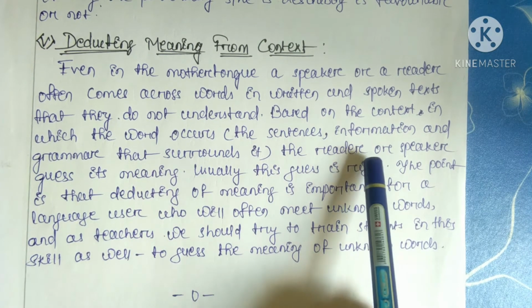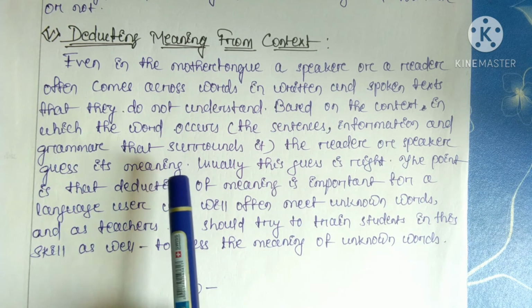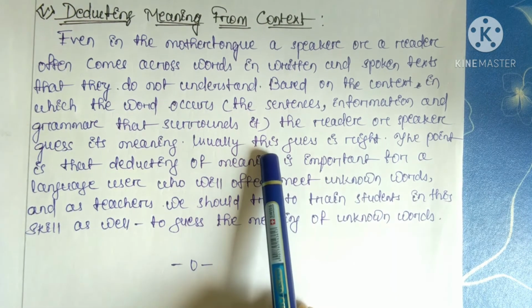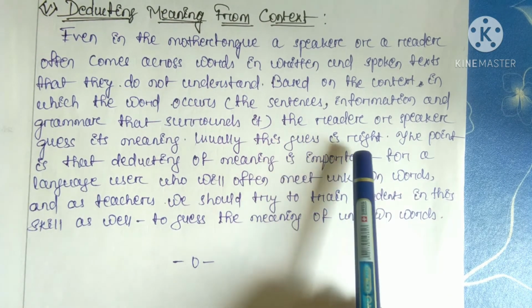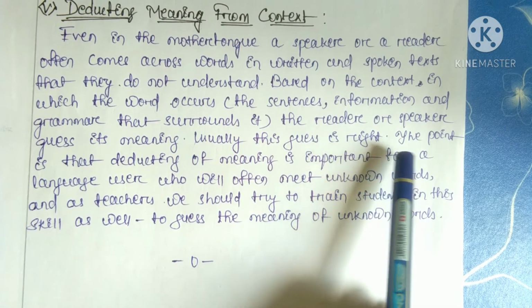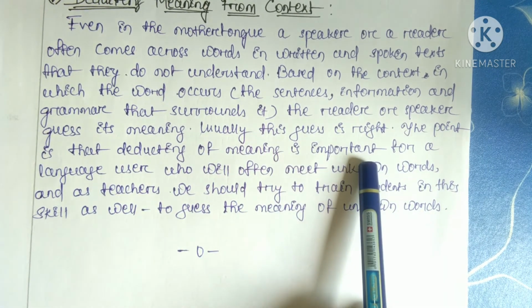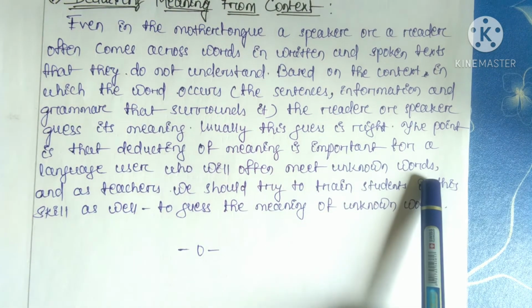So the reader or speaker guesses its meaning. Here also the reader or listener guesses the meaning of the text. Usually this guess is right, which means the reader makes the right guess. The point is that deducing meaning is important for a language user who will often meet unknown words.